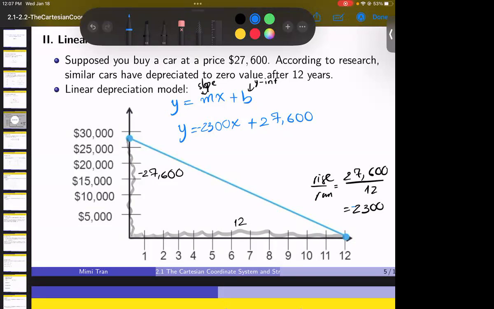Yeah, that's how much it depreciates each year, per year. Are there any questions? I'll wait.